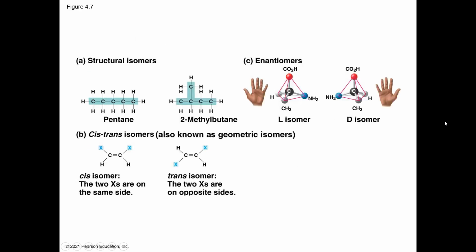So let's review those. For example, structural isomers, pentane and methylbutane, they have the same number of carbons and the same number of hydrogens, but they are built differently. So they're structural isomers. Cis-trans isomers are based on spatial construction, where here the carbons have two X's on one side, meaning it could be bonded to, let's say, oxygen.